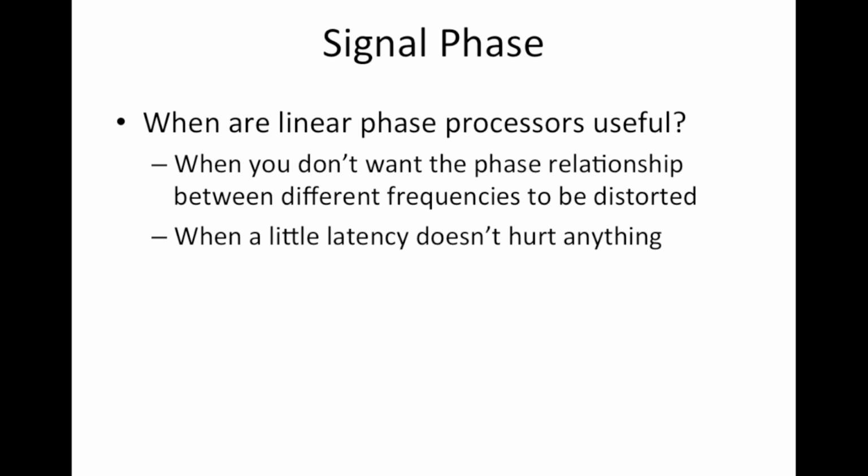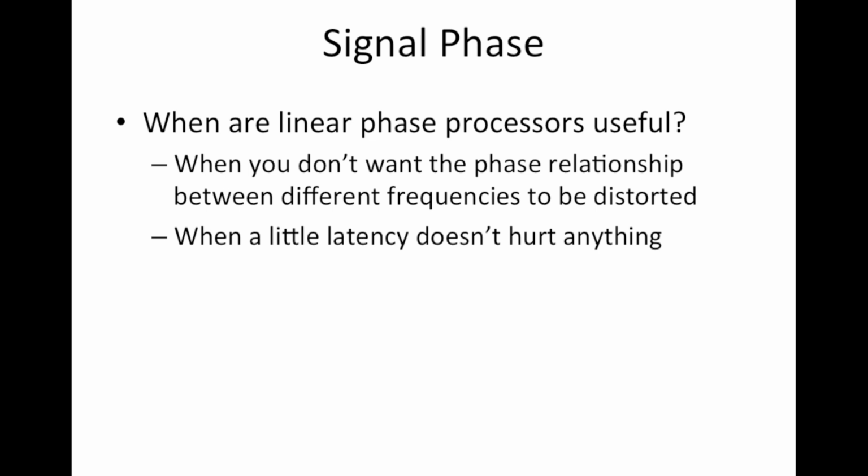I guess at this point, I just want to conclude with the question: when are linear phase processors useful? Well, the main thing is when you don't want to screw up the phase relationship between different frequencies. You don't want those to be distorted. Likely you're saying, well, I always want that to be the case.